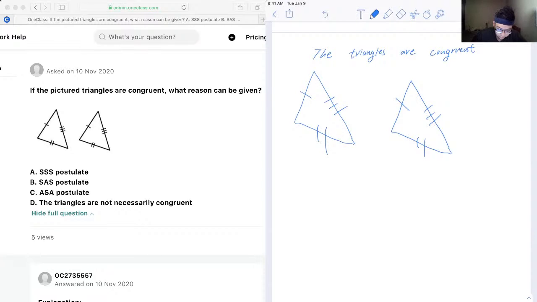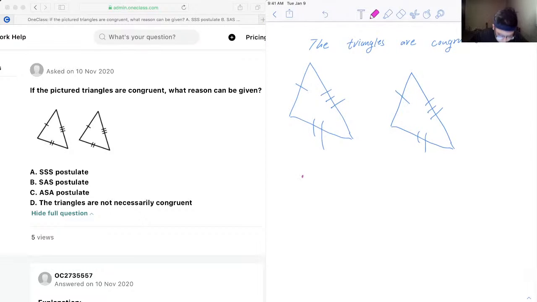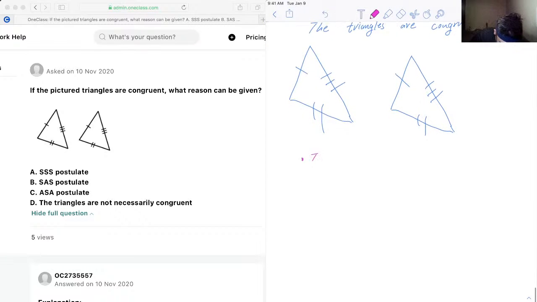As we can see, there's a congruency symbol for each pair of the corresponding sides of the triangles. So that's the first thing we notice. Let's write it down here.